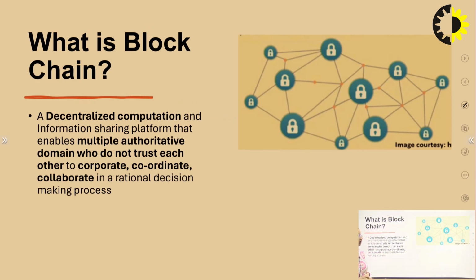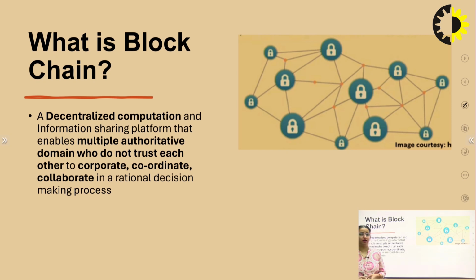At the very first, what is blockchain? Blockchain is a decentralized computation and information sharing platform that enables multiple authoritative domains that do not trust each other to cooperate, coordinate and collaborate in a rational decision making process.